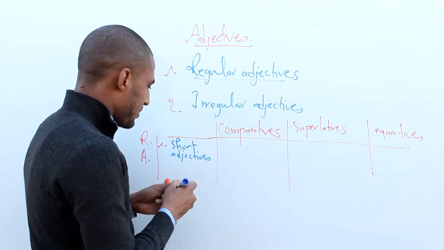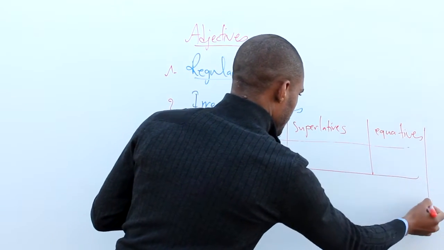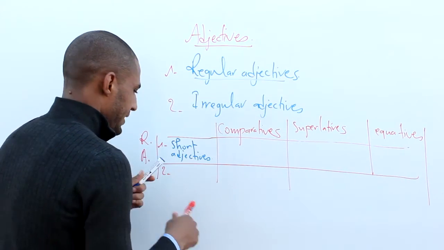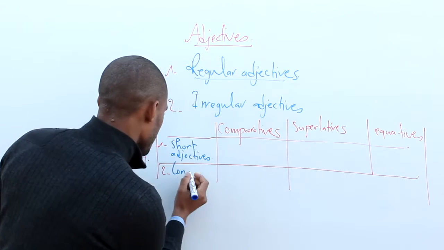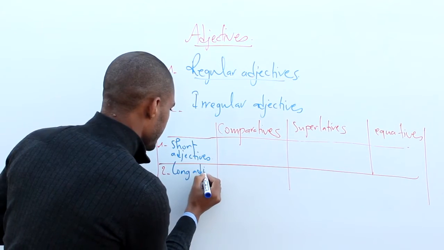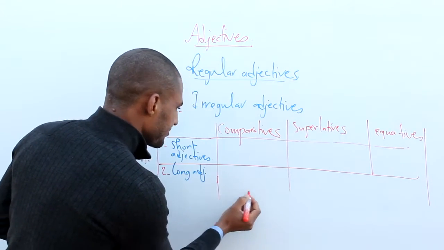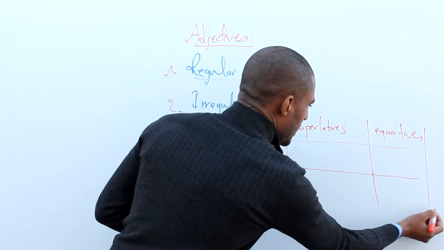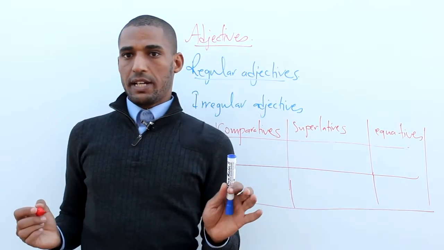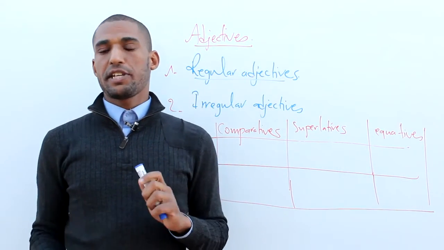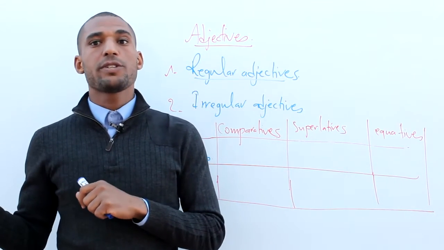And the second type is called, right, long adjective, right? Long adjective. Let's put it in the abbreviated form this way. All right, very good. A long adjective, so, is any adjective that consists of two or more syllables.